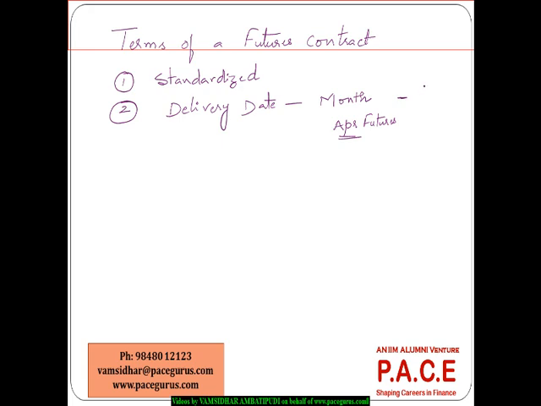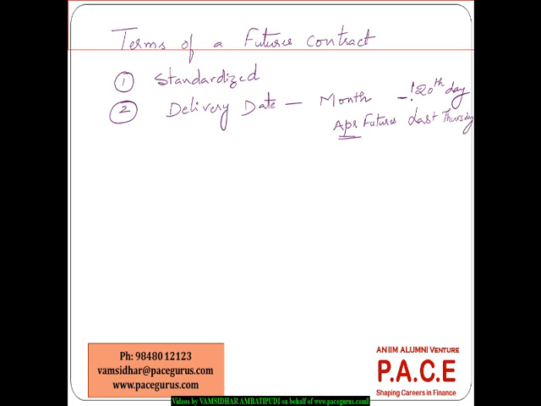So some exchanges may talk about, let's say, the 20th day of the month, or sometimes some exchanges may provide the delivery date as, let's say, the last Thursday of the month.